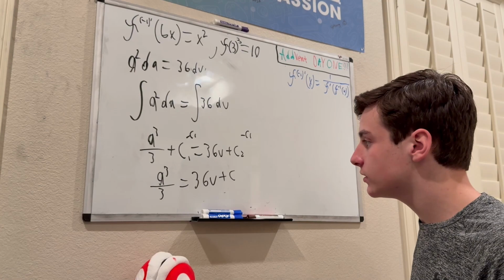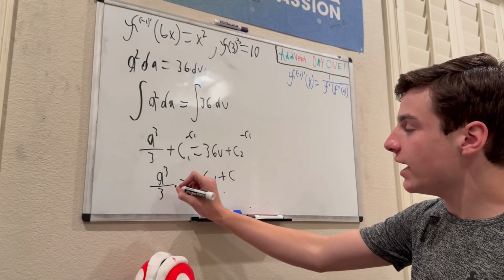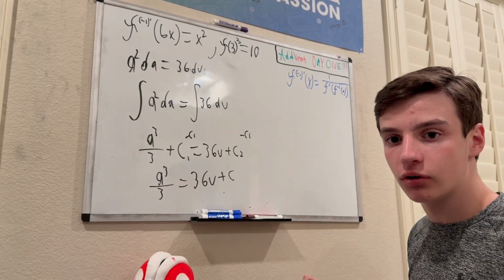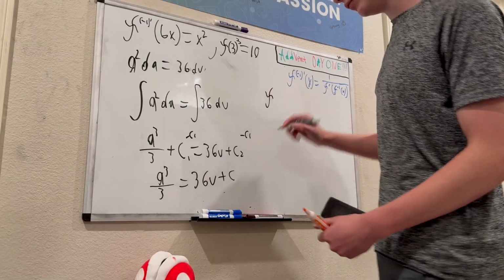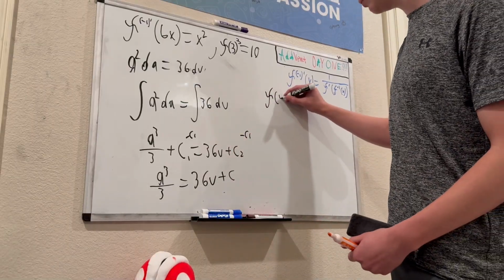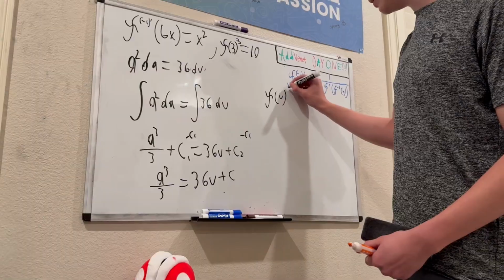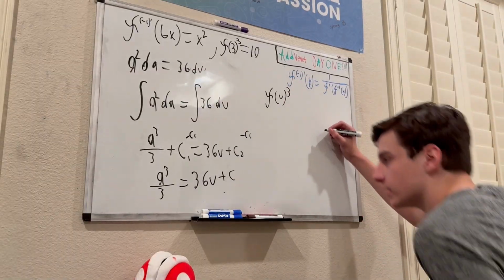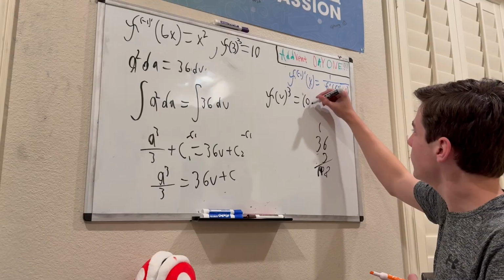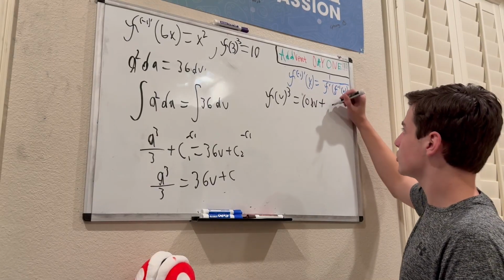Right. So, now remember that our a is equal to our f of u. So now what we can do is first replace a with f of u, then multiply both sides by 3, and we get 108u plus 3c, but we can just call it c again.